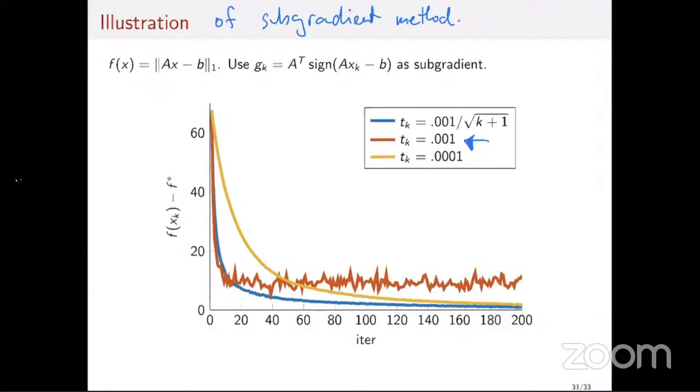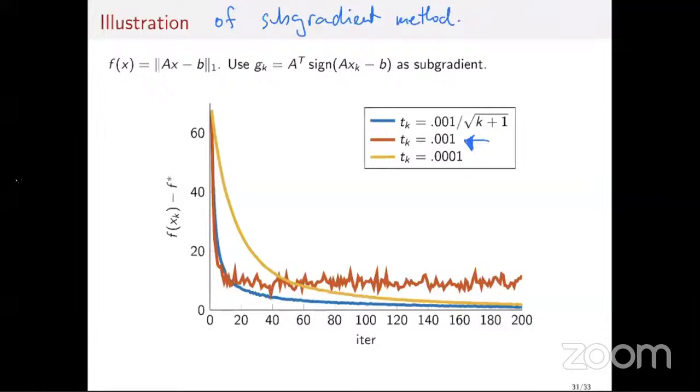What is the complexity of the subgradient method? The subgradient method allows you to get, after k iterations, an accuracy of 1 over square root of k. What I have shown is that if you choose the step sizes to be 1 over square root of k, then f best k minus f star is going to be roughly log k divided by square root of k.